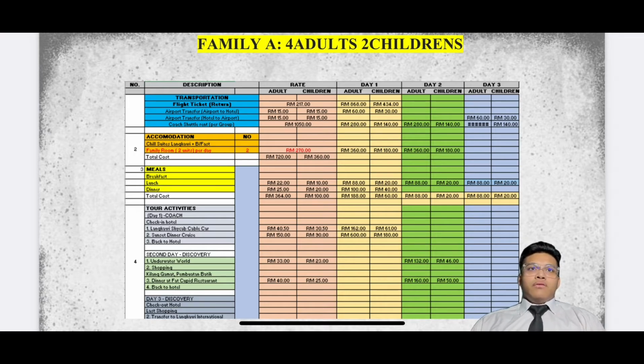Okay, for transportation, the flight ticket is RM 270. The airport transfer rate is RM 15 for adult and children. So for day 1 it is RM 16 for adult and RM 30 for children.